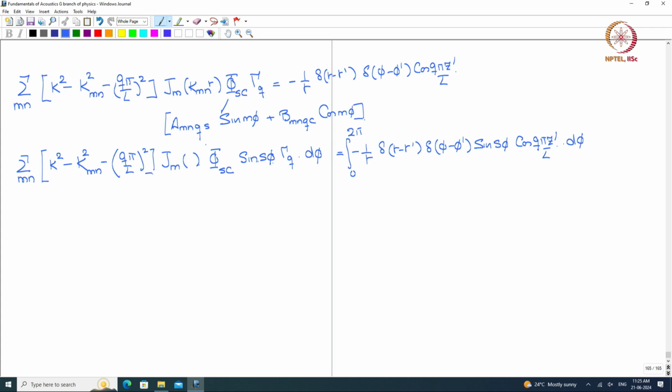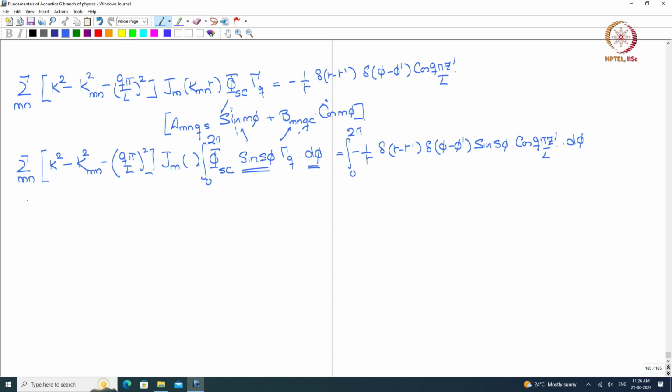We integrate this also 0 to 2 pi d phi. So what does that give me? This has sin m phi and cos m phi, and this is sin s phi. For any value of s and m, this integral will go to 0. This integral will be non-zero only if m and s are equal.